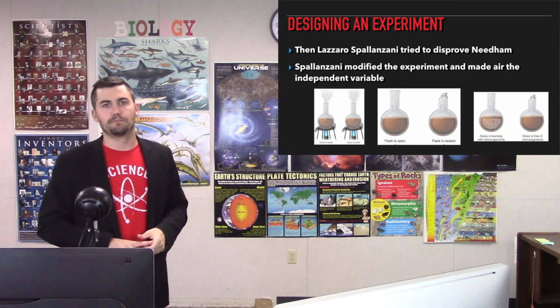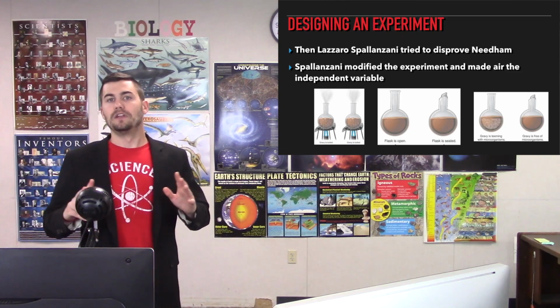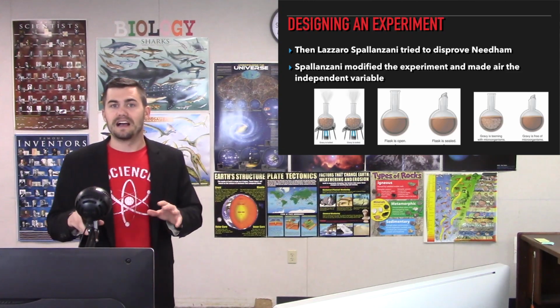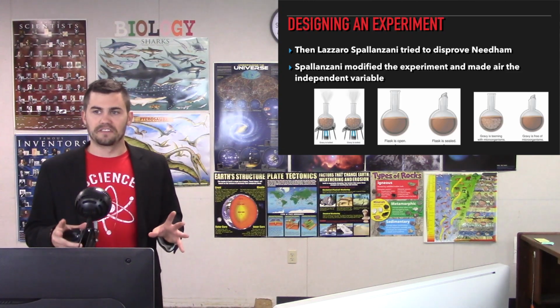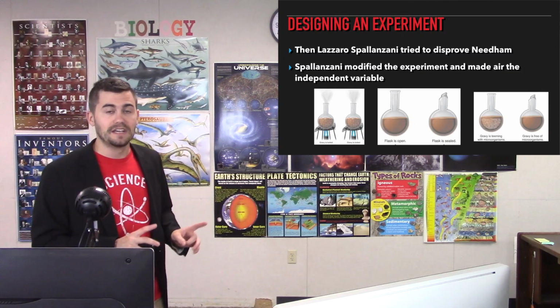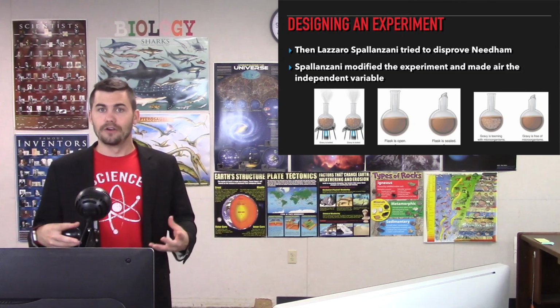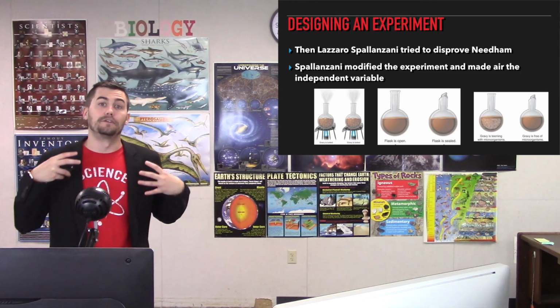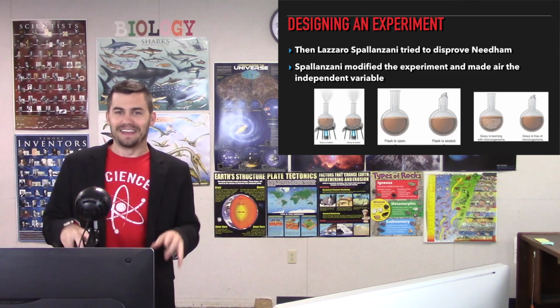And as we can plainly see in that glass, no life ever develops. Now, despite the results of this experiment, Spallanzani still thought that spontaneous generation happened. He just thought that air was the thing that produced it. So the air literally breathes life into the gravy.